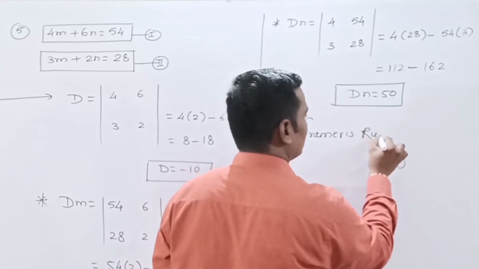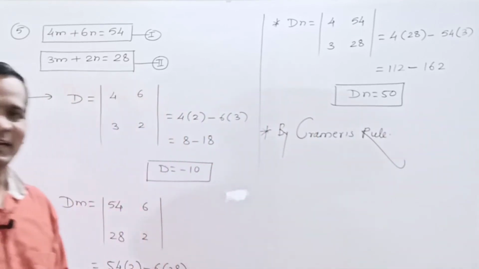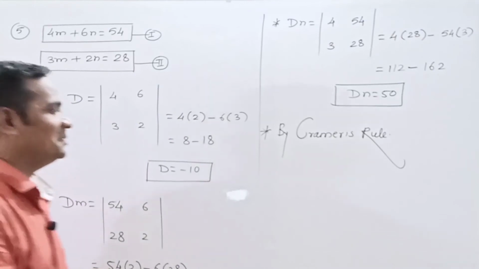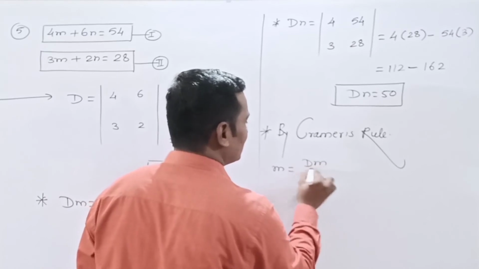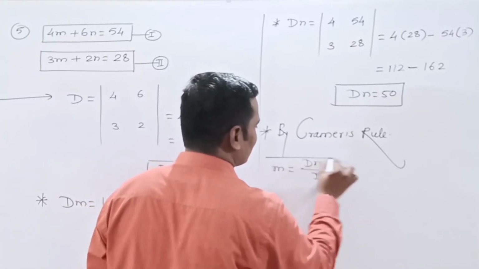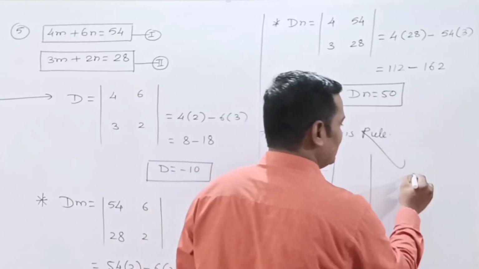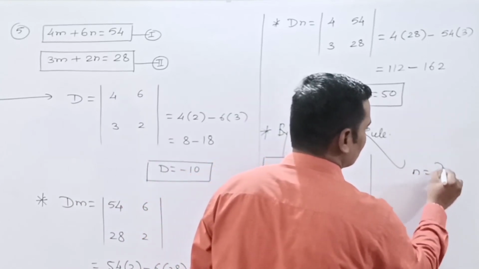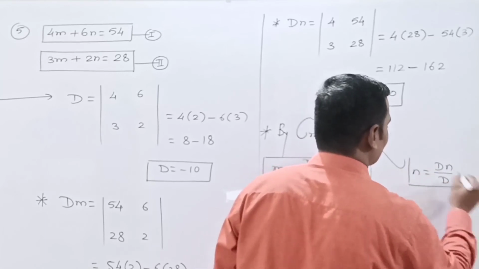Cramer's rule. So what is Cramer's rule? Now here instead of x, we have to take m. So m is equal to Dm upon D, and the second one is n is equal to Dn upon D. Okay.